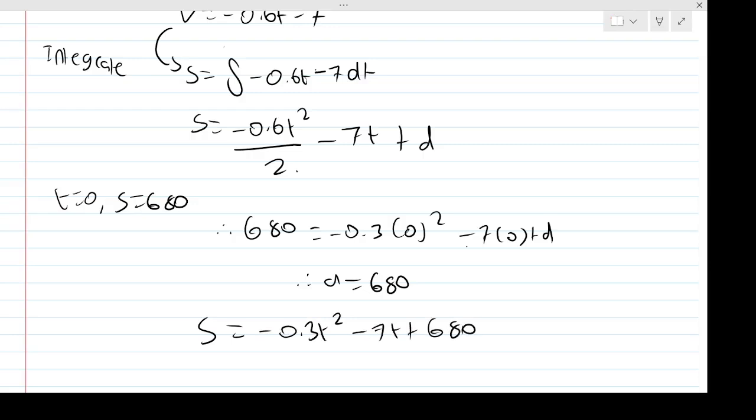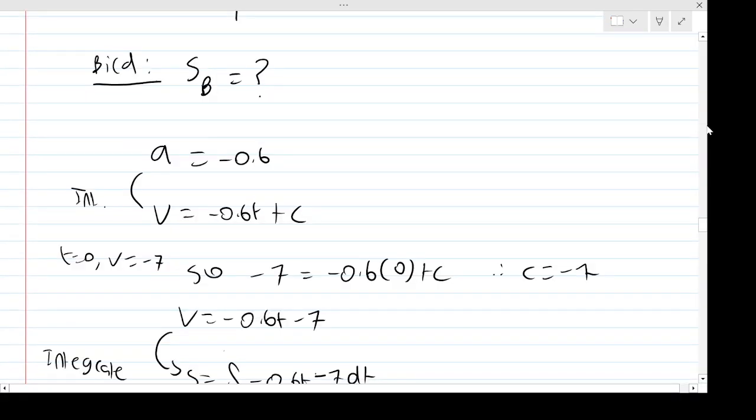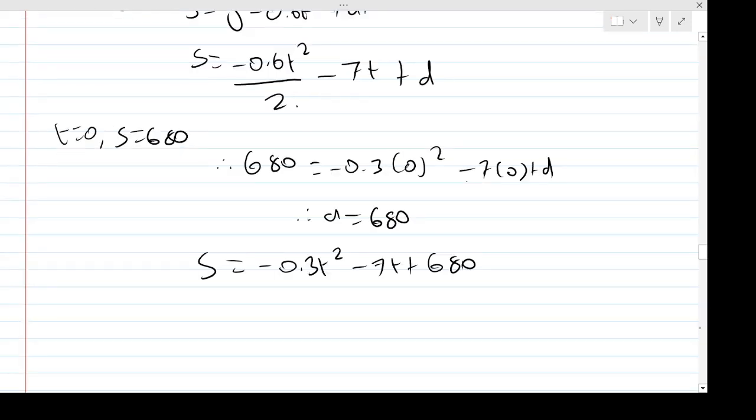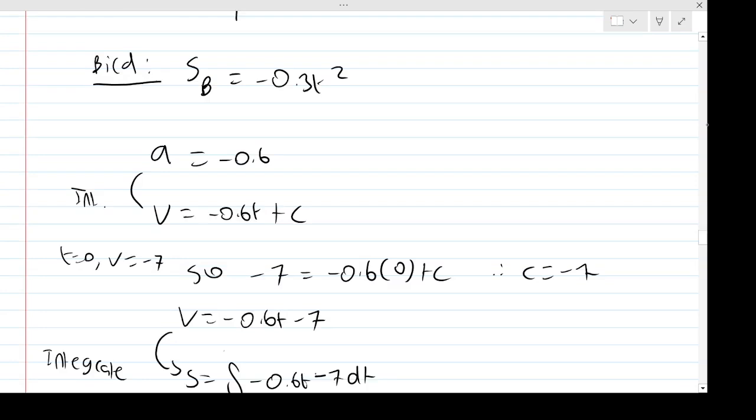And there we are. That is my displacement for the bird there. So we have now worked out a displacement formula or function for the bird, right? It's minus 0.3t squared minus 7t plus 680, right? And there we are.